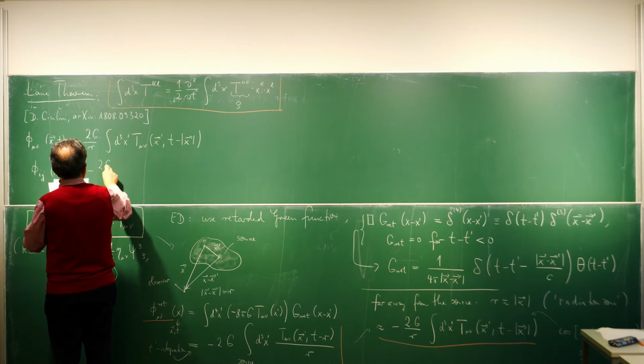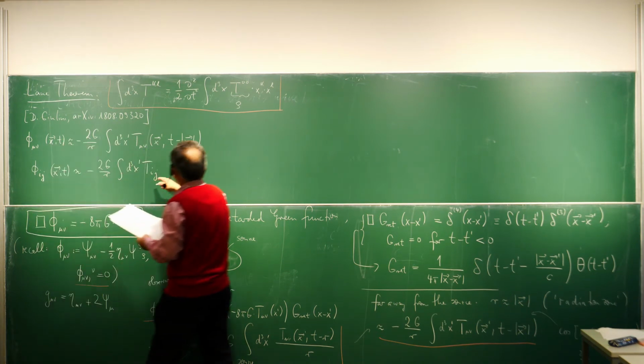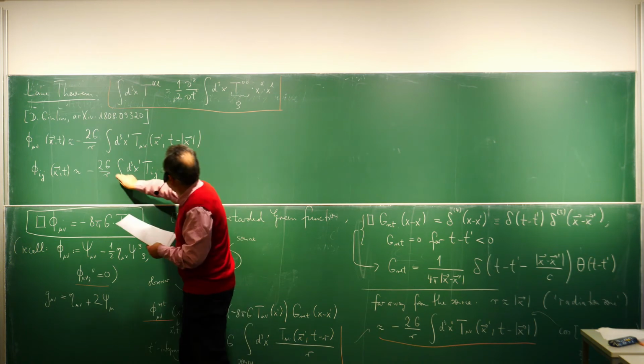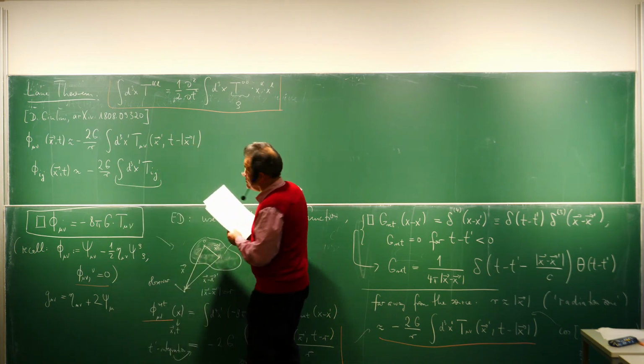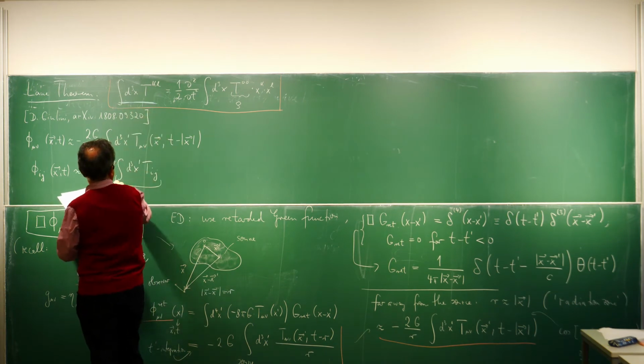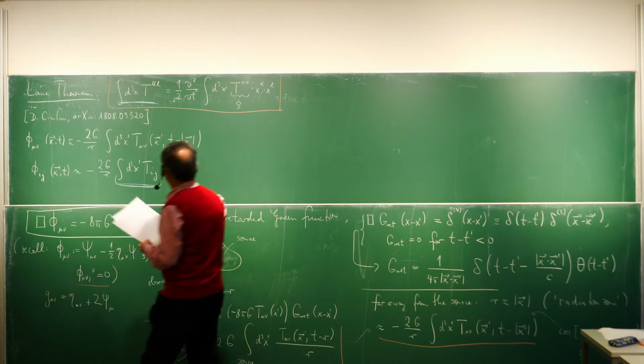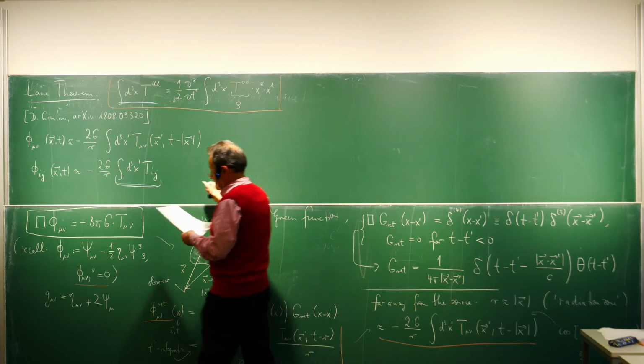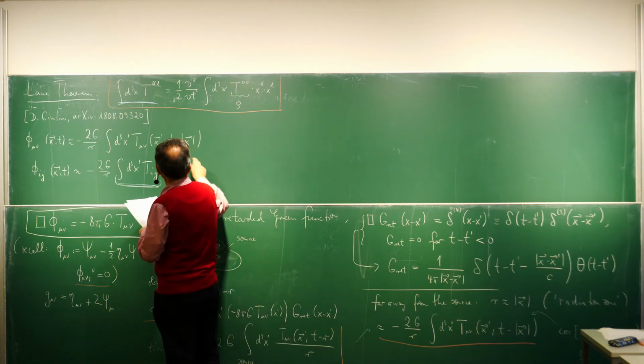Okay, this is just copied, and then we use here the Laue theorem. The left hand side is replaced by the right hand side, and this is minus G over r.